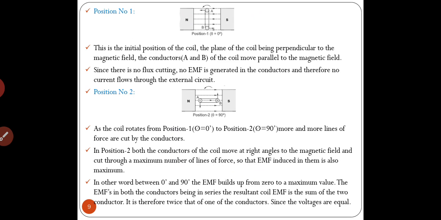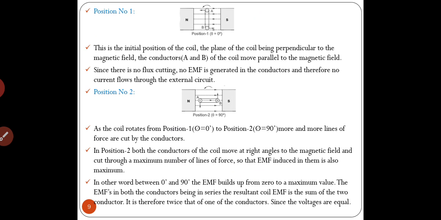Since there is no flux cutting, no EMF is generated in the conductors, and therefore no current flows through the external circuit. Initially, at position 1, we are moving in the anti-clockwise direction, and because the conductors move parallel to the magnetic field, we don't have an induced EMF. Position number 2.